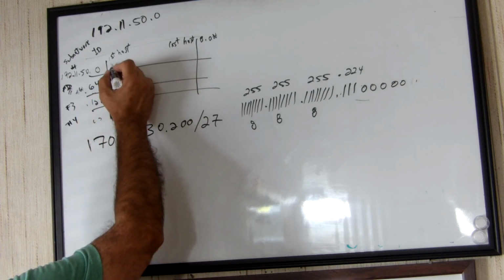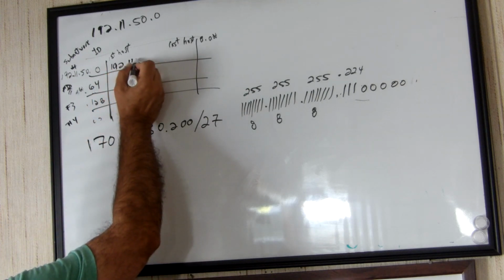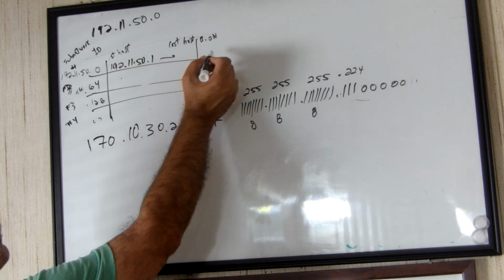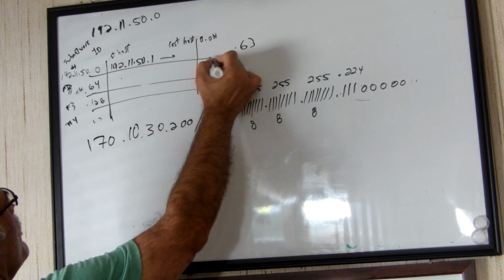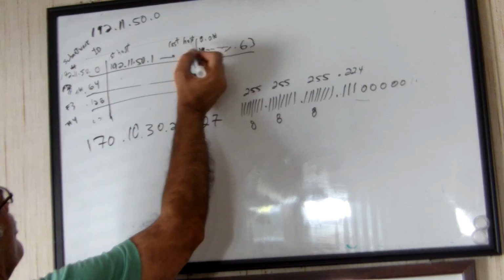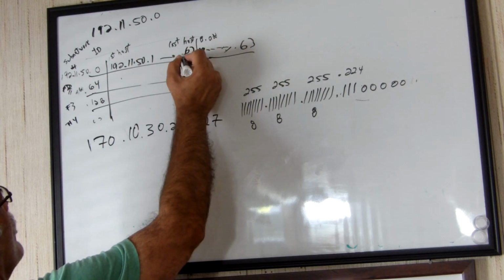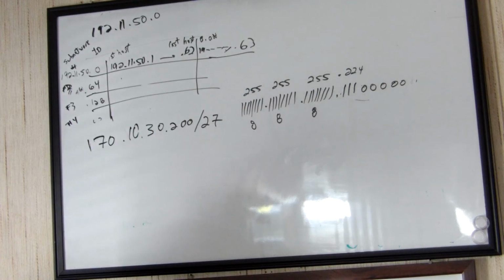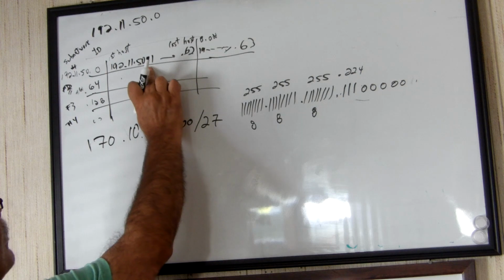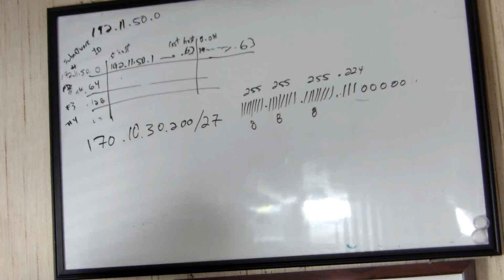Like for example, this one was 192.11.50.1 up to 0.63. The first host and the last host on this one: the first host is 0.1 and the last host is 0.62, and the broadcast address is 0.63 at the end.